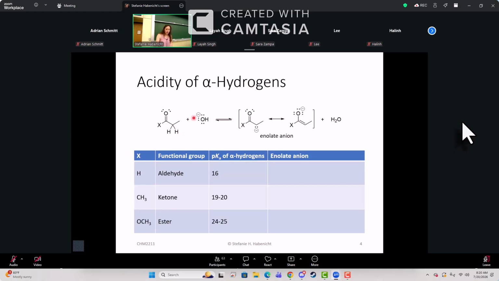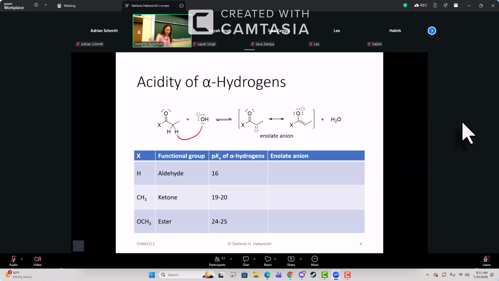And we have this generic carbonyl compound up here. The X could be a hydrogen, an alkyl group, an alkoxy group, for example. Not a chlorine atom, because acid chlorides, you don't deprotonate them. Whatever base you throw at them will not act as a base, it'll act as a nucleophile.